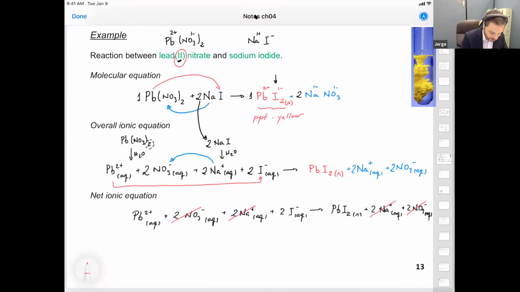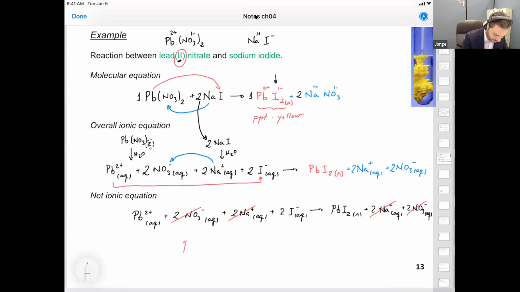I cannot cancel lead 2+ because on the other side, we have lead combined with iodide. Therefore, it's not the same thing, which means it cannot be canceled.